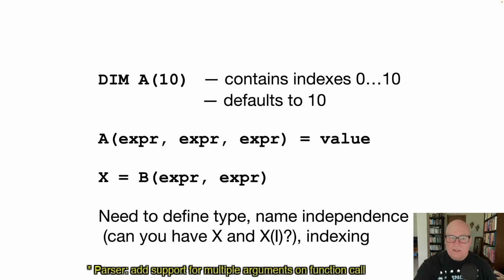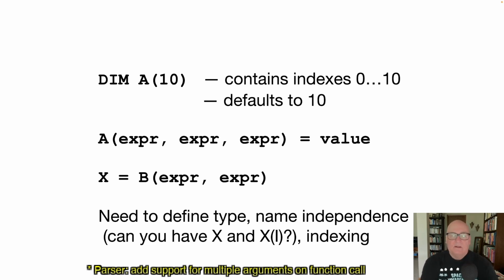All right, so I think we need to keep track of the number of dimensions. We need to keep track of the type. Is it an array of strings or an array of integers or numbers? And then we also have this notion of name independence. Could you have X and also an array X? And I think the answer is going to be no. We want to make one name for it. Okay, so you have to choose.